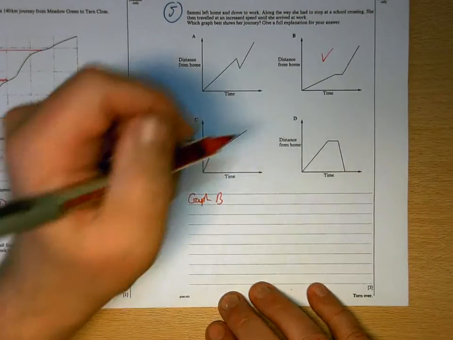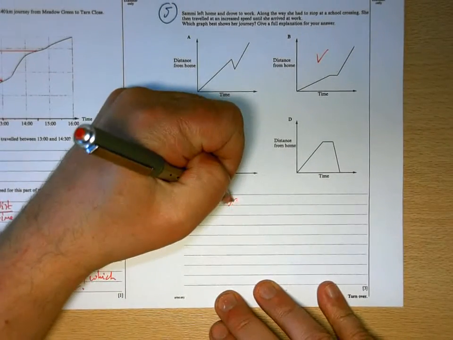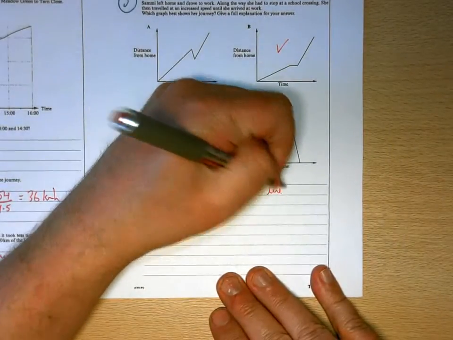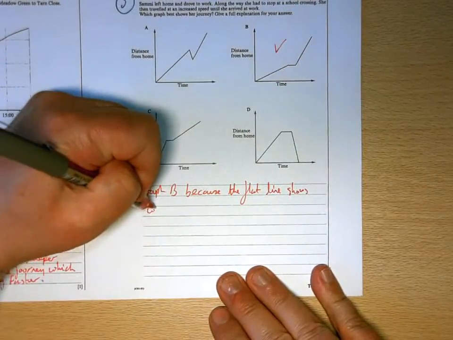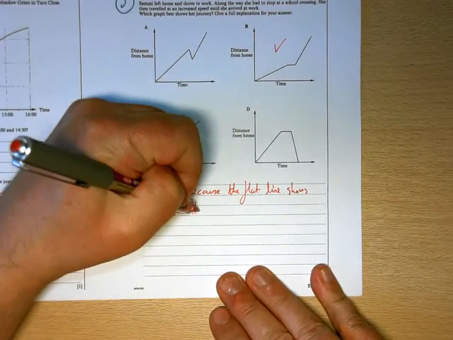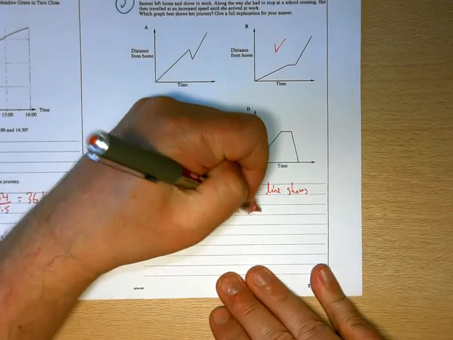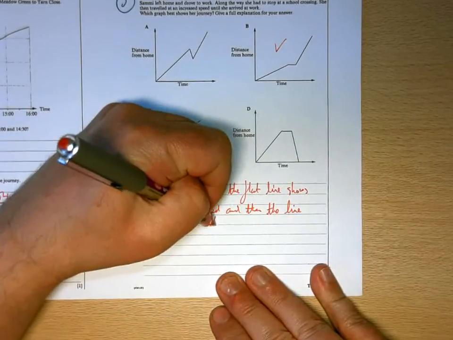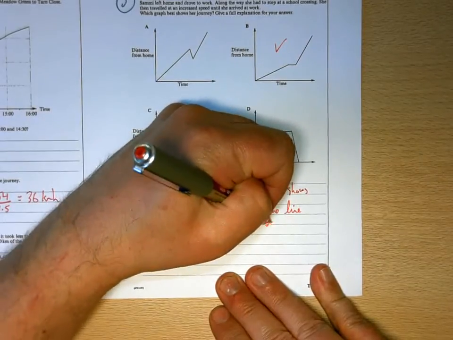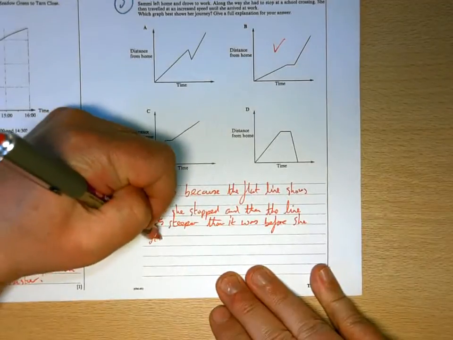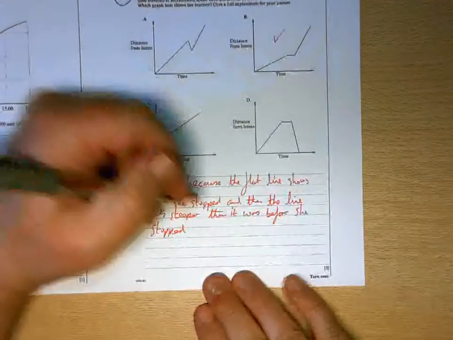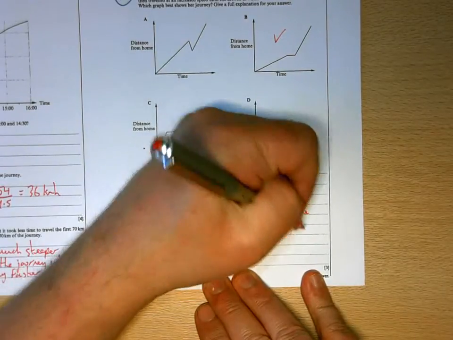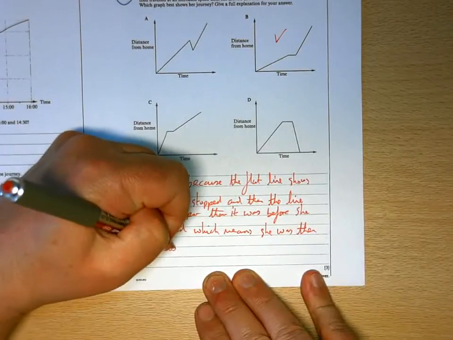Okay, so it's graph B because the flat line shows where she stopped, and then the line gets steeper than it was before she stopped, which means she was then traveling faster.